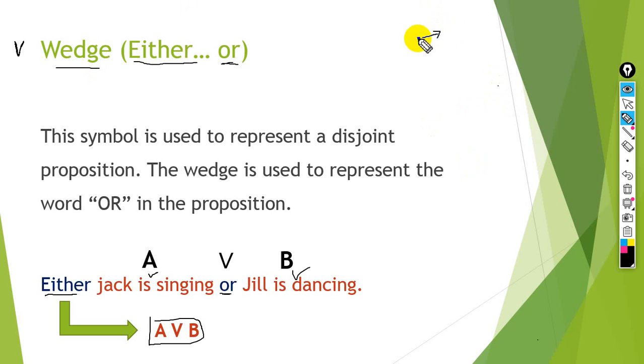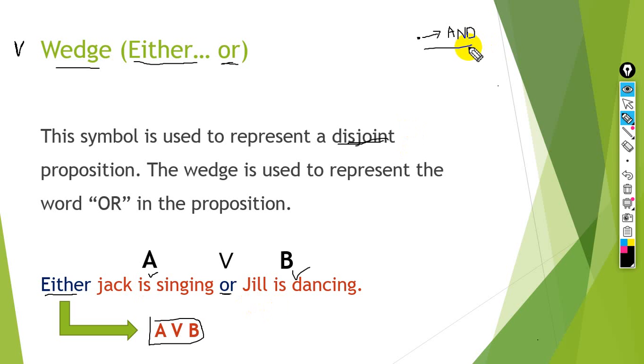Conjunction combined two statements together. There we said Jack is singing and Jill is dancing, so both are in action. But in this case one will be in action. Disjunction, or a disjunctive proposition, means one will be in action. Either Jack is singing or Jill is dancing. So one proposition will be in action, both will not be.